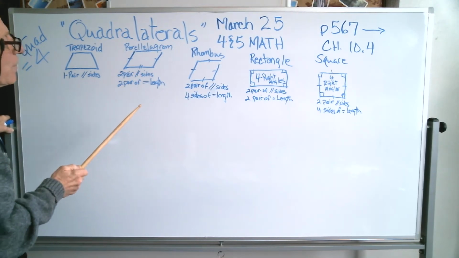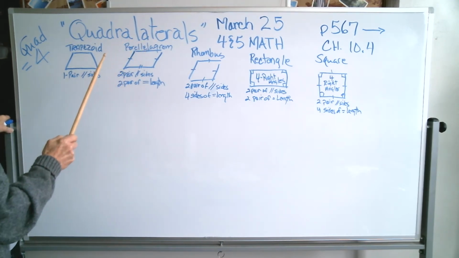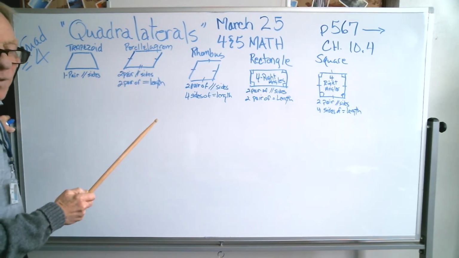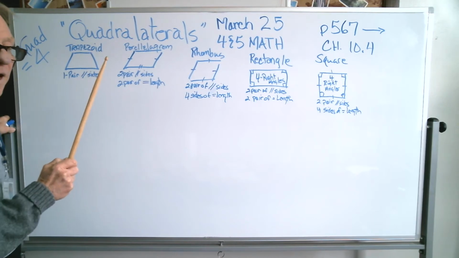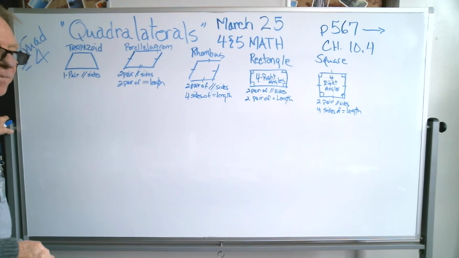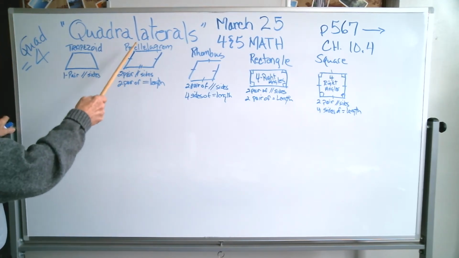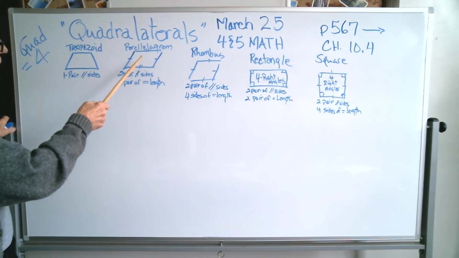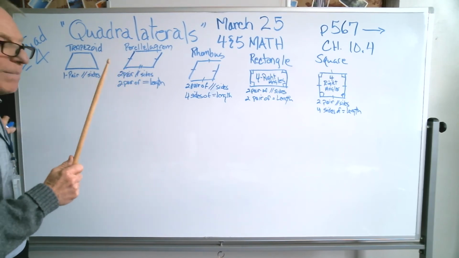Now don't get confused by that. The length of this side and this side are equal. The length of this side and this side are equal. They don't have to be the same length. If they were the same length, then they'd be down here. They'd be a square, because all sides are equal in a square. So in a parallelogram, you have two sets of parallel sides. They can be different lengths, but they are parallel.